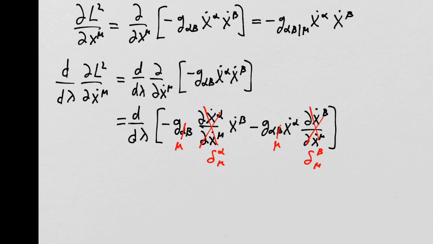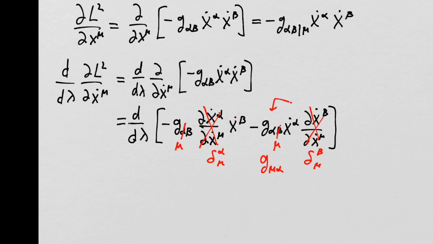Then the next thing we do is we exploit the symmetry of G alpha mu and we'll write it as G mu alpha, right? And then we exploit the fact that alpha is a dummy variable. Beta here is also a dummy variable, so we can change alpha and beta at will.